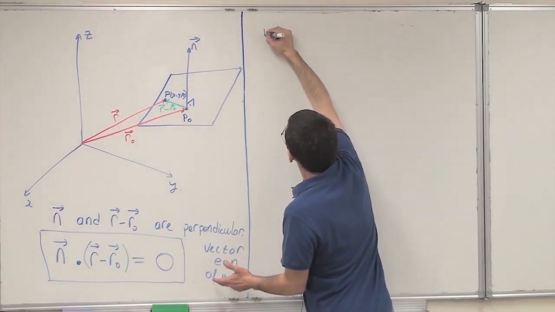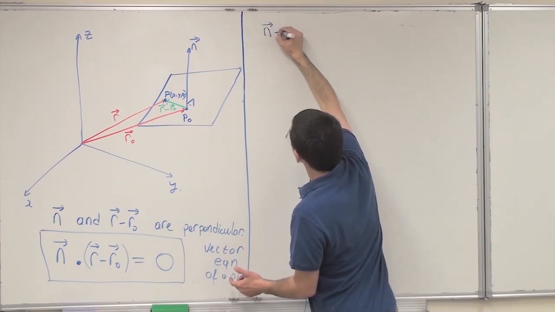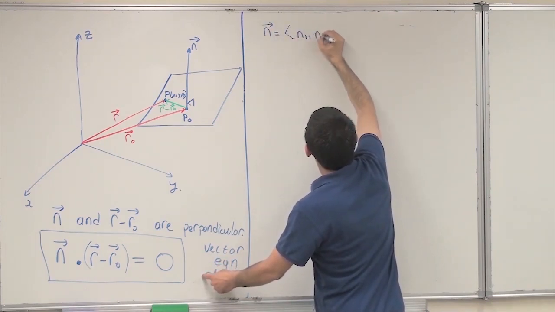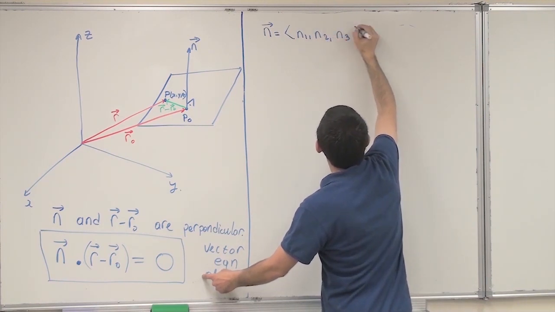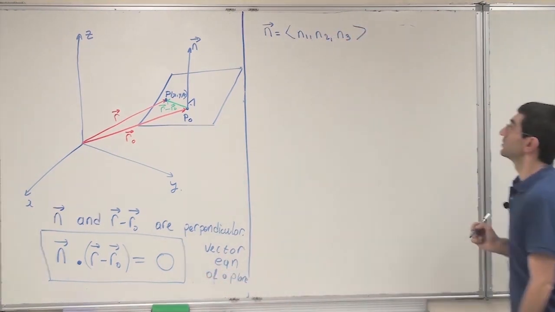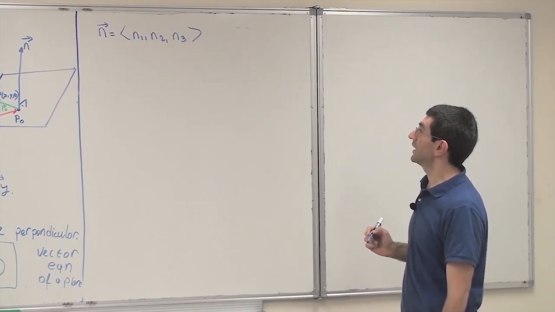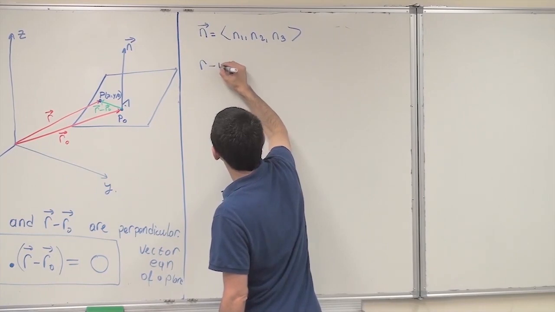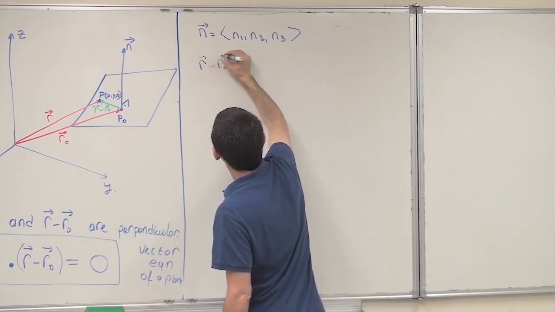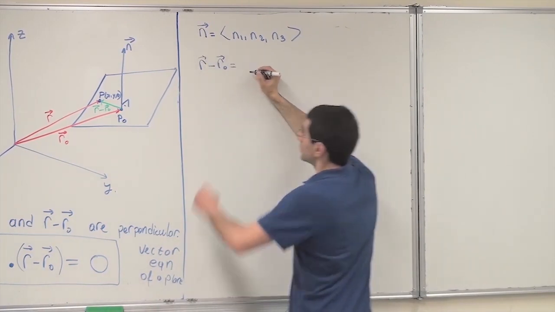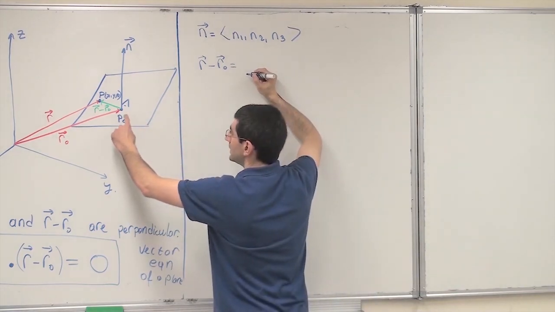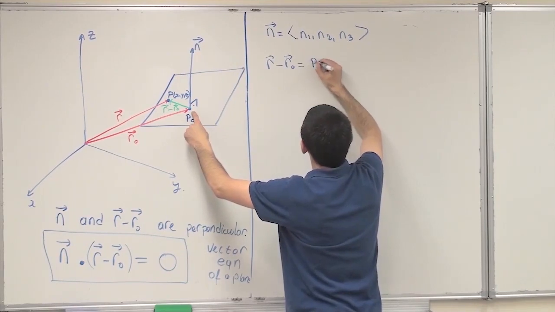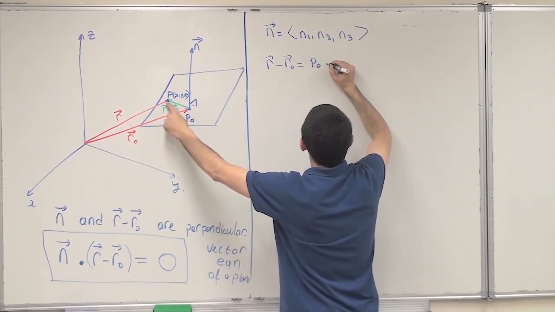Now, using the components of the vectors involved in this equation, we can find also what we call the scalar equation of a plane. So the components of the vector n are n1, n2, and n3. And the components of the vector r minus r0? Okay, so from the picture, we see that the initial point of this vector is p0, and the terminal point is p.